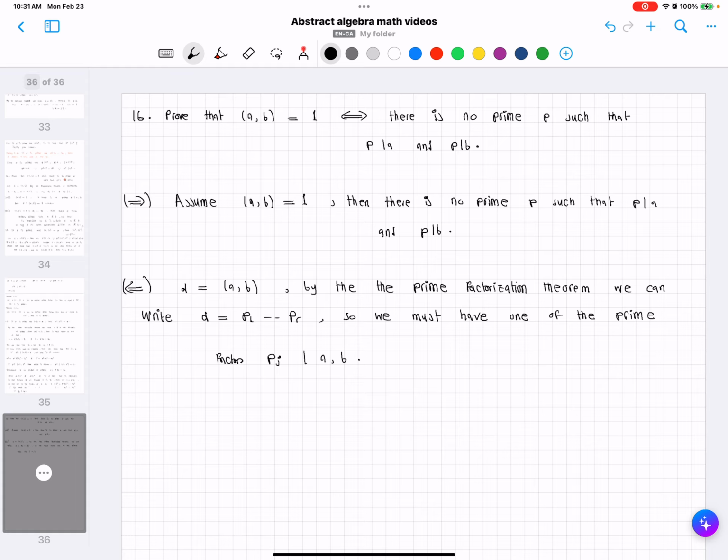So that means that D must be equal to 1.